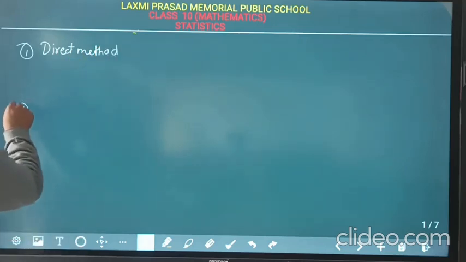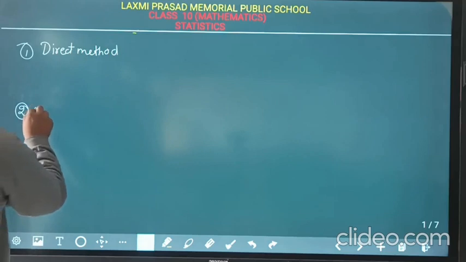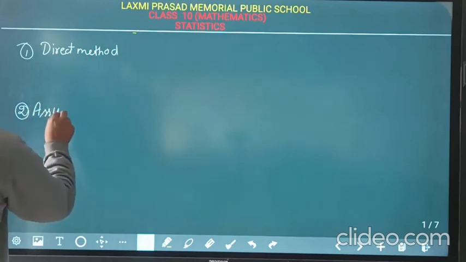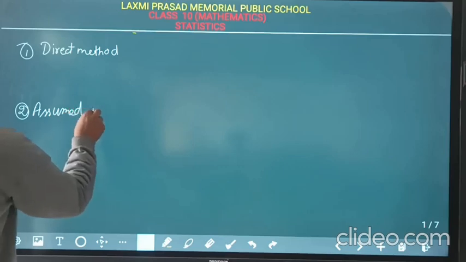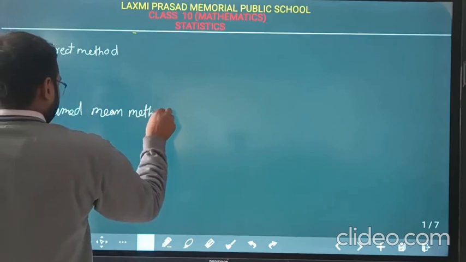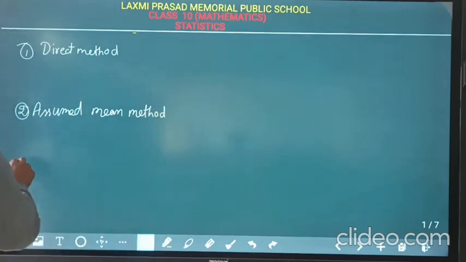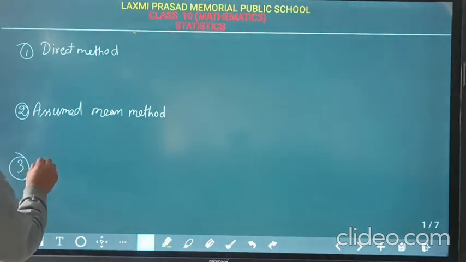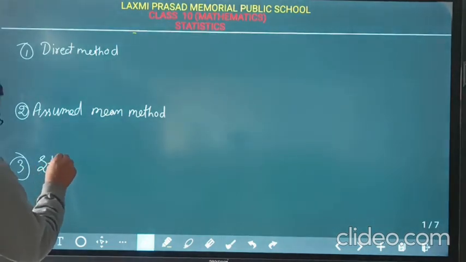The second was the shortcut method or assumed mean method. Today we will discuss the third method, known as the step deviation method.